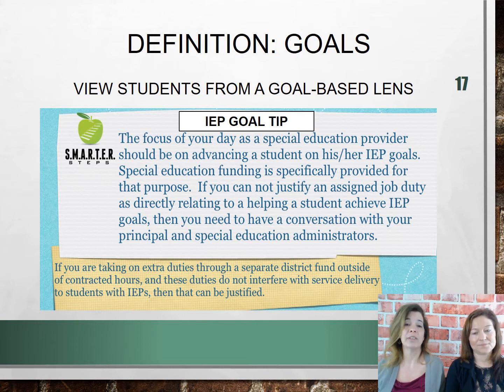We've discovered that the main area of miscommunication or dispute usually centers around a poorly written goal. We believe that if IEP teams can improve this one part, it would significantly improve parent-school relationships. So remember that the focus of our day, as a special education provider, should be on advancing that student on his or her IEP goals.